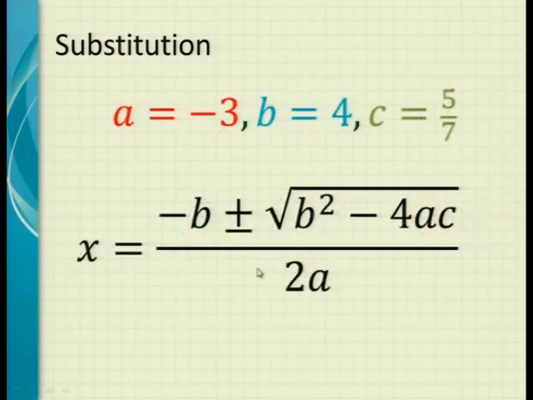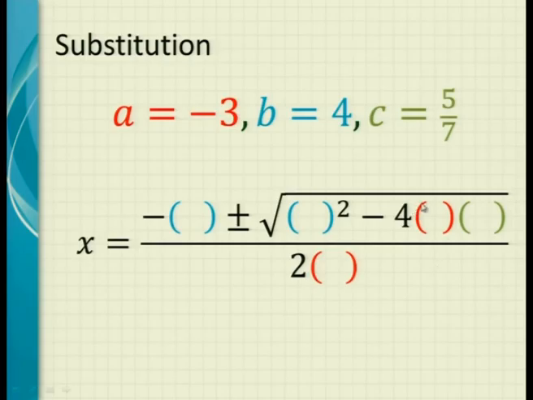Let's take another example, where A equals minus 3, B equals 4, and C equals 5 over 7. Now don't run away when you see this. It's just as easy as the rest. Instead of the B, we will put brackets and a 4, and the square will still be there.